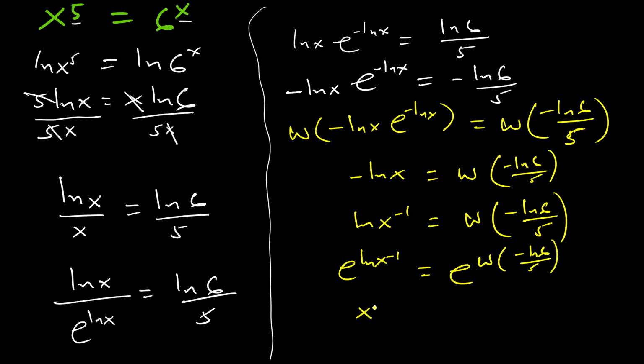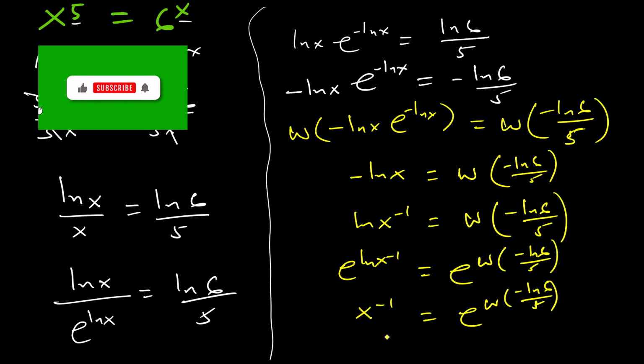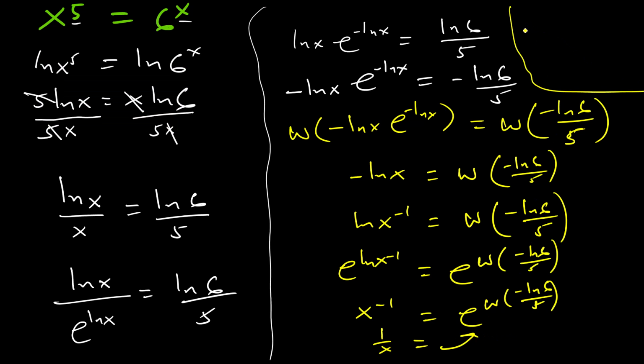So we have x to the power -1 equals e to the W function over 5. So this one is the same as 1 over x. 1 over x equals this. So when you write the final answer, my x here will be 1 over e exponent the Lambert W function of minus ln of 6 over 5.